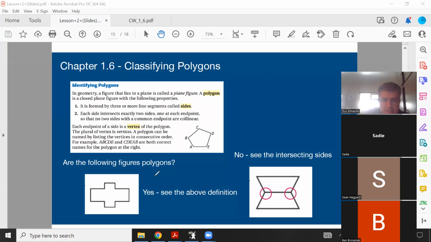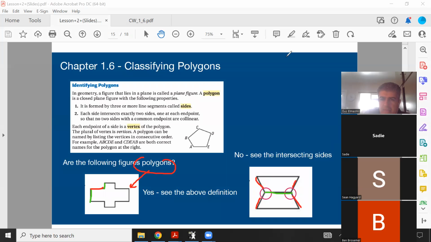In this case, this is a polygon because this side here intersects just 2 other sides. But this side here is actually intersecting 4 sides, so that won't be a polygon.